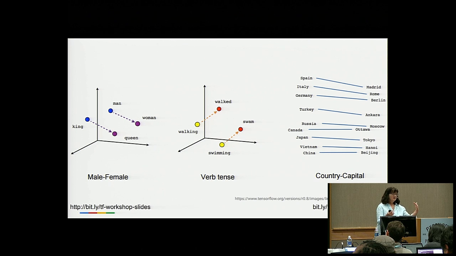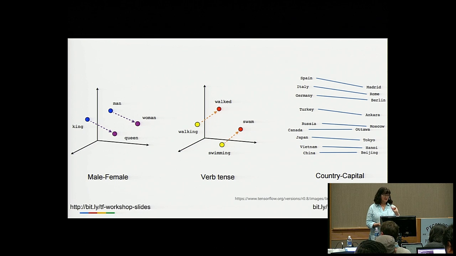Again, we're learning these word embeddings so that similar words are nearby each other in the vector space of words. That lets us do things like find analogies or find words that are similar to a given word. For example, if we have king and queen, and then we give you the word man, how would you fill in the blank there?